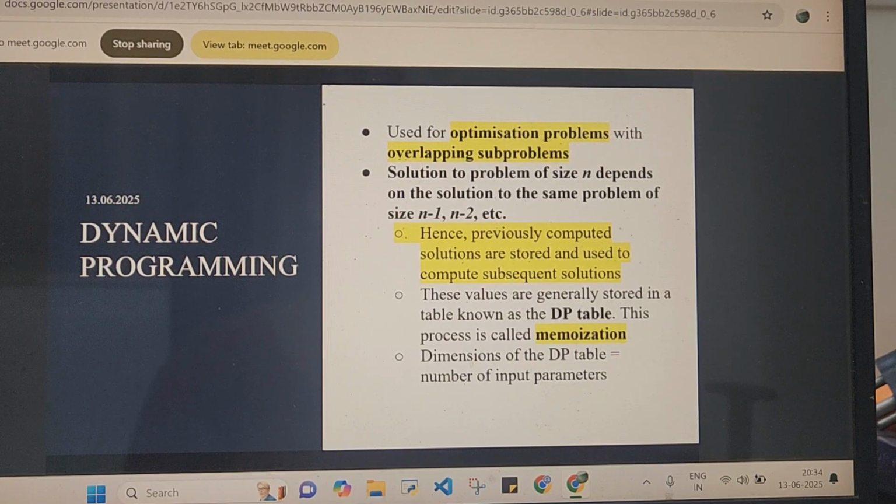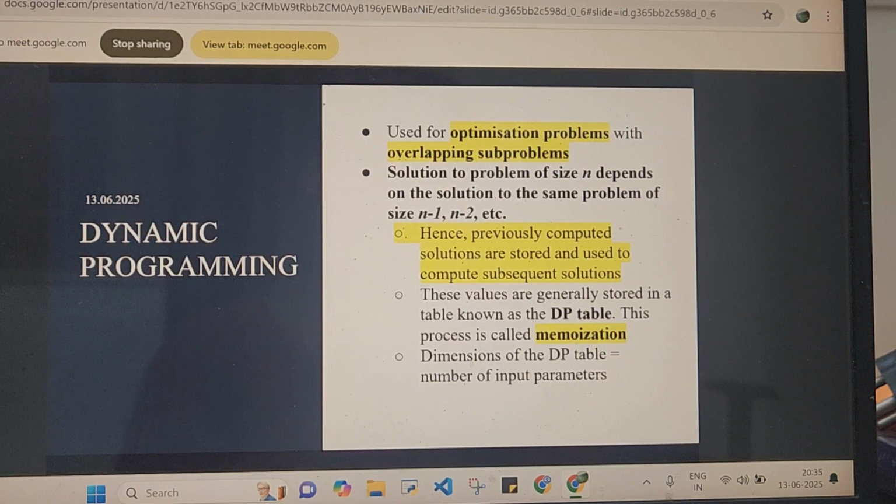It only makes sense that you start from the smallest case and compute the solutions from problem size 1, 2, 3, and so on, and you store all these values, so that when you come to a problem of size n, you can look up these values, apply whatever formula has to be applied to them, and get the solution to a problem of size n. Therefore, previously computed solutions are stored and used to compute subsequent solutions.